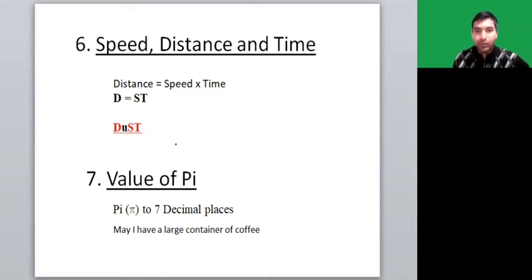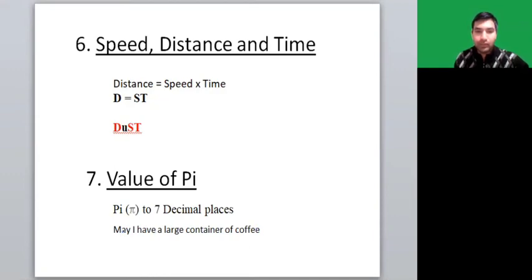All right. The next one is the value of pi. The value of pi is usually asked in competitive exams up to 2, 3, or 4 decimals. The mnemonic here is: may I have a large container of coffee? All you have to do is count the number of letters in each word.